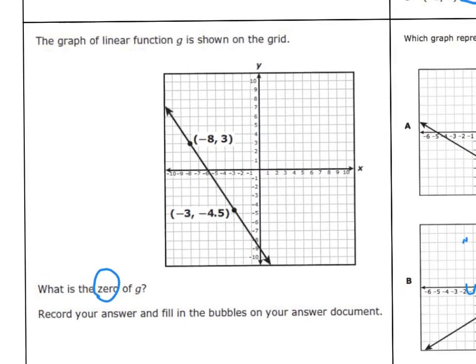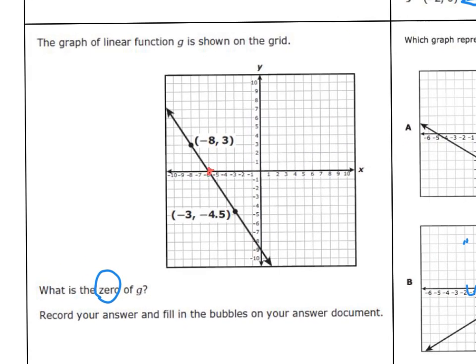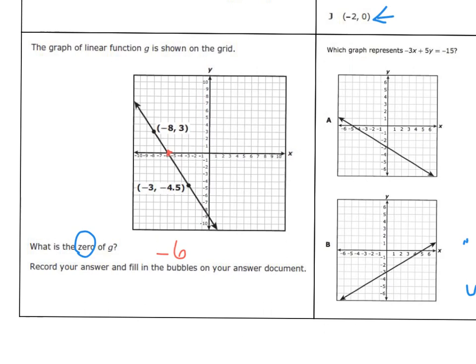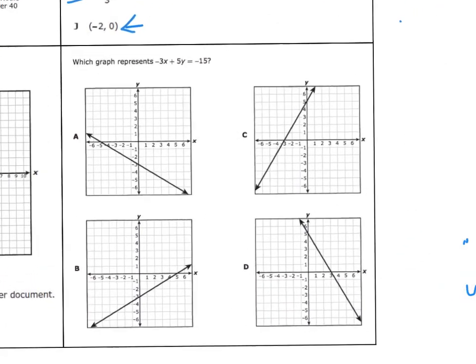We need to see where this crosses the x-axis, which is here at -6. So our answer that we would bubble in would be -6. Remember, it's very important on a STAAR test to bubble in the negative if the answer is negative. You have to bubble negative to get it correct.